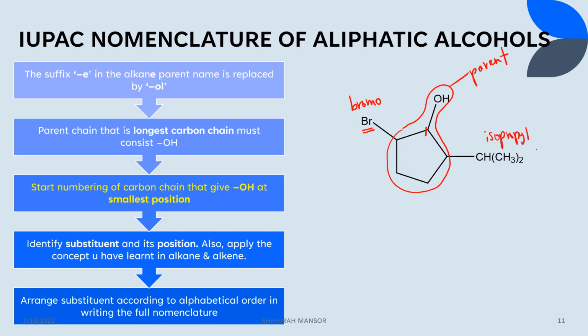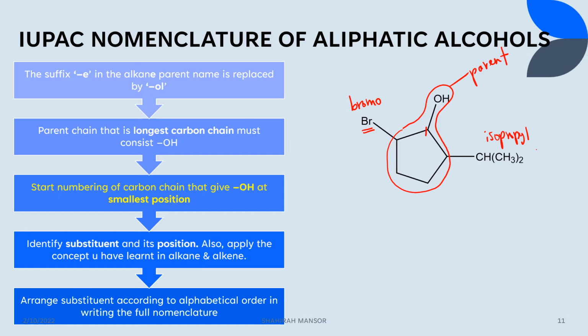isopropyl. So sekiranya numbering kita pergi ke arah kiri, okay, bromo will be on the second position. Sekiranya pergi ke arah kanan, isopropyl berada pada second position. So distance antara dua substituent ini adalah sama. Okay, so bila kita ada case yang macam ni, apa yang awak kena consider untuk bagi numbering untuk carbon yang kedua adalah you have to consider alphabetical order.